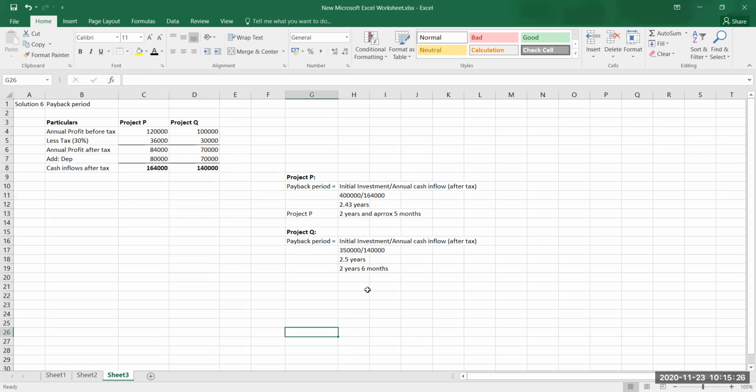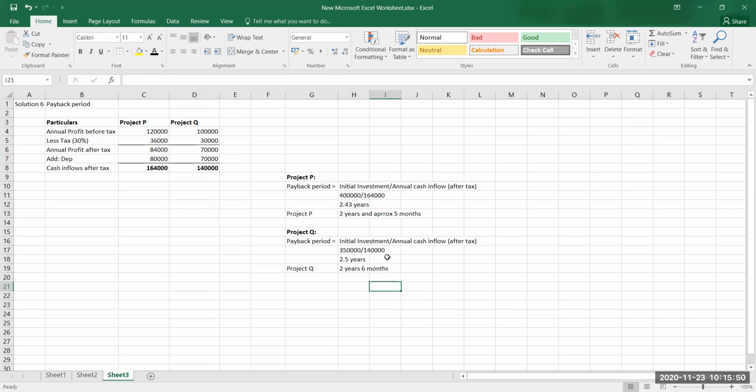Always remember, you need to make a decision now: which project are you going to choose, project P or project Q? Here project P is taking 2 years and approximately 5 months, and project Q is taking 2 years and 6 months. So how do we make a decision?